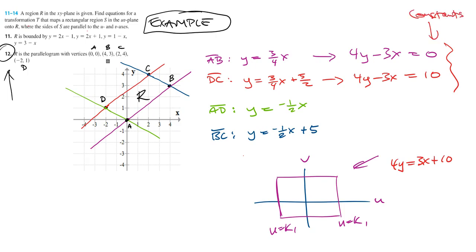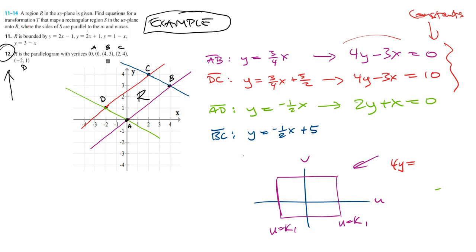So what I've done is I've taken two of the lines that are parallel, and I have made them look the same on the left side. Now I'm going to take the other two. This will become more obvious in a second. I multiply by 2 on both sides, and so I get 2y plus x equals 0.